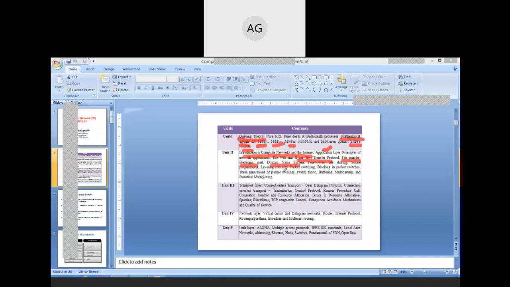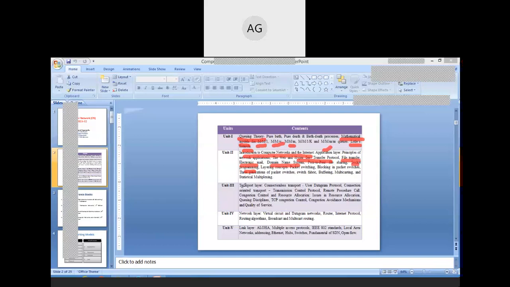The socket programming, as you can see here, is also there. These are the protocols which we use while we are using the internet. These protocols basically work on the application layer. So we are going to study these protocols when we are studying unit 2.